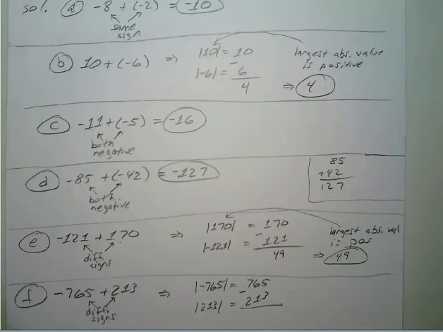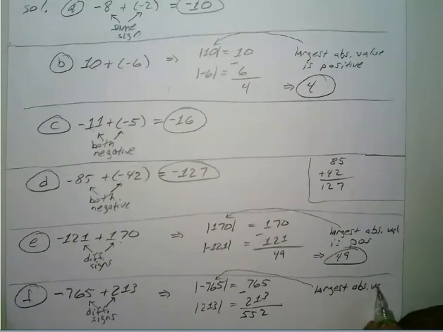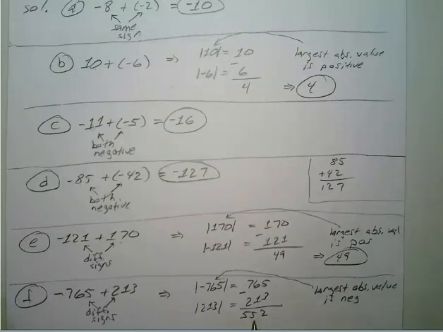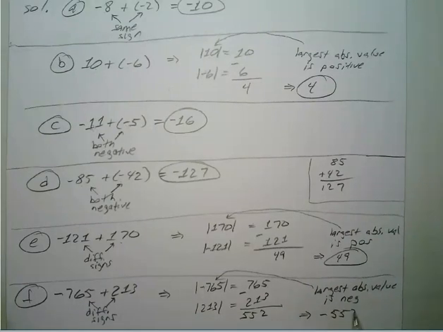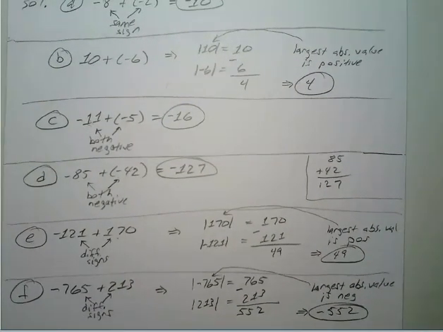We subtract them: 765 minus 213 is 552. Now we see here our largest absolute value is negative, so this 552 becomes negative 552, and that would be your answer.